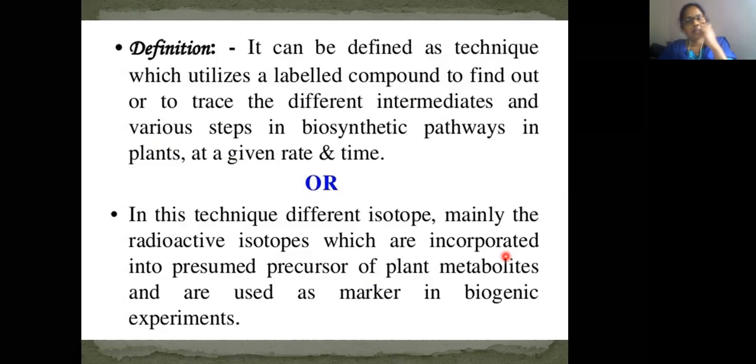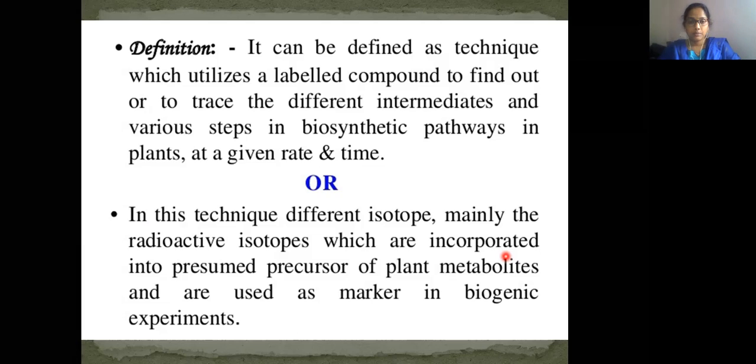In this technique, different isotopes, mainly radioactive isotopes, are incorporated into a presumed precursor of plant metabolites and are used as markers in biogenic experiments. So in tracer techniques we are using isotopes.